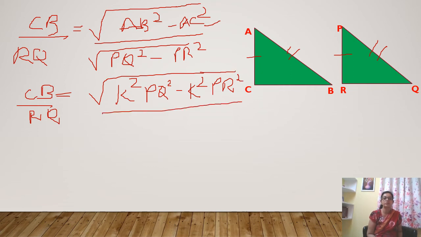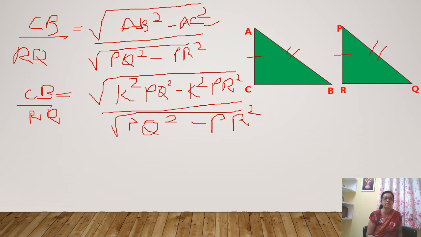And what about RQ? We will not replace any other sides. We'll just write whatever is given in the denominator as it is. We'll write PQ squared minus PR squared as they are. No replacement is required over here, because as you can see, the numerator and denominator are almost getting equal, which we require.